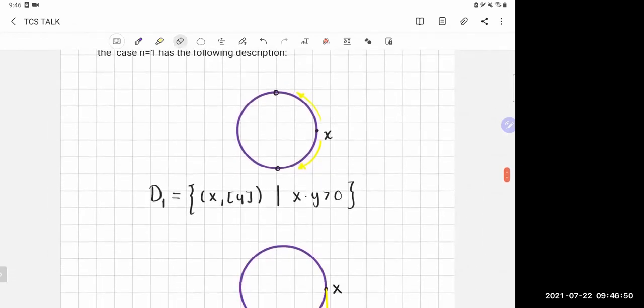So in our first local domain, we consider the set of all pairs x, the class of y, where the inner product of x and y is greater than 0. And in this case, it's easy to design a rule. So for each element in the circle, it's enough to visit the representative of the class satisfying this property through the geodesic arc, like in the image.